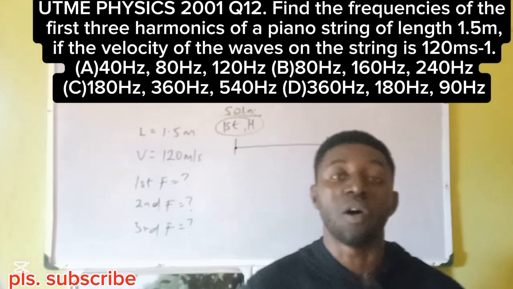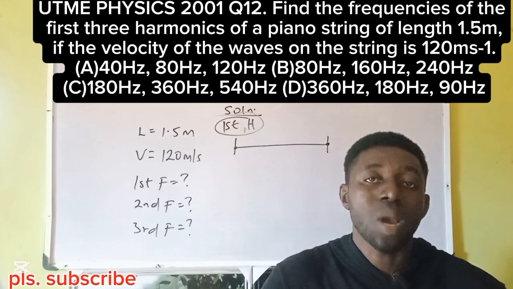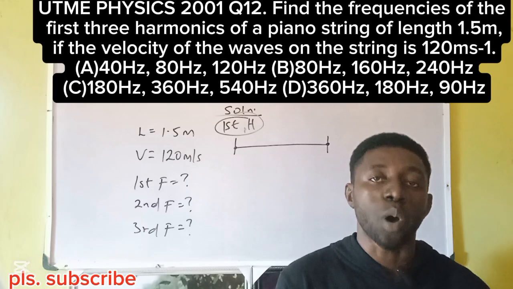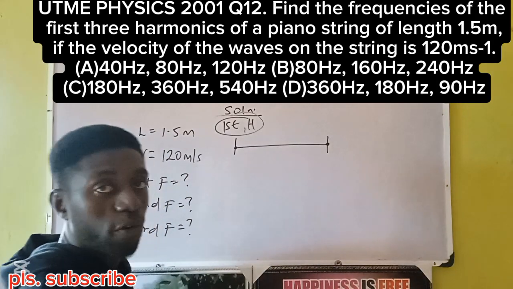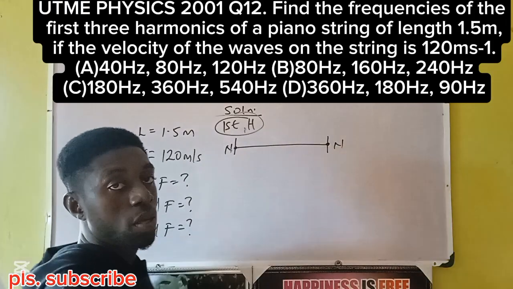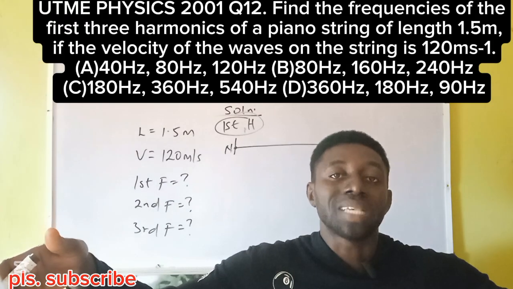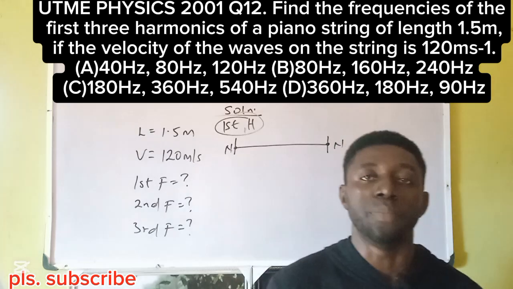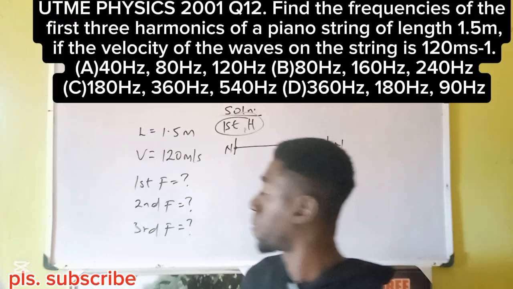In waves of vibration, anywhere there is a fixed point, anywhere there is no vibration, we call it a node. A node is a point in a medium where there is no vibration. Therefore, these are nodes, node 1 and node 2. A piano string will have 2 nodes at its ends, because at those ends there is no vibration. Another point in a medium where there is maximum vibration, we call an antinode.